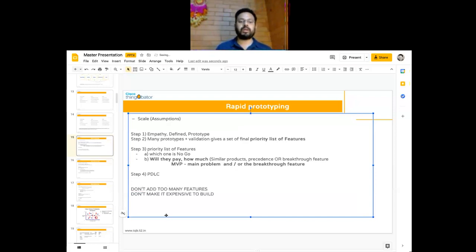Very, very important. If these two pass, then determine, with the base features, what is the market you have. That's it. And then capture it.